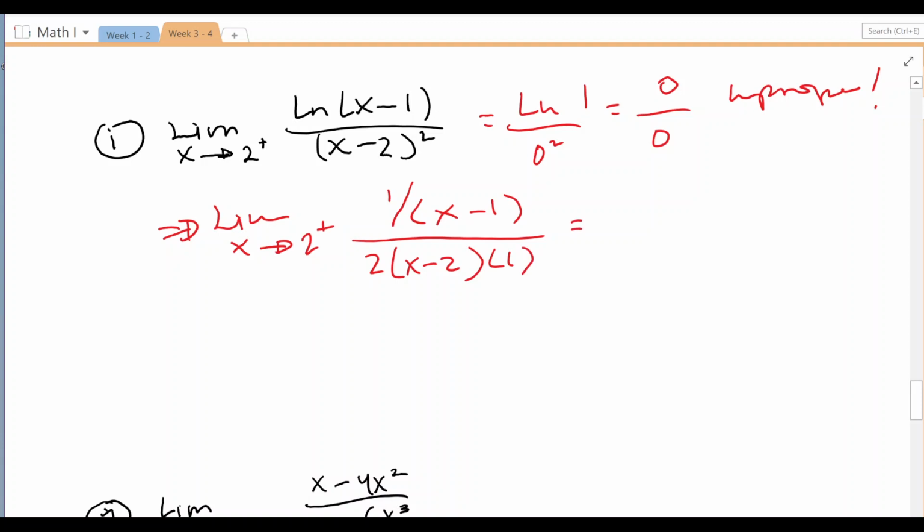So this is equivalent to 1 over 2 times x minus 2 times x minus 1. If we do direct substitution, we get 1 over 0, but the answer is infinity.